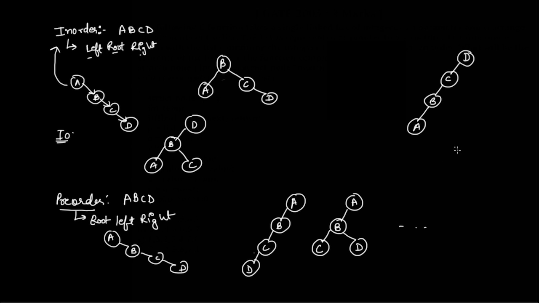We can have multiple trees for a given pre-order sequence, right? In the case of post-order also, you are going to get multiple trees with the same sequence. You can try to create these post-orders. Now the question is, how will you get a binary tree if they are giving you a pre-order or a post-order or an in-order?